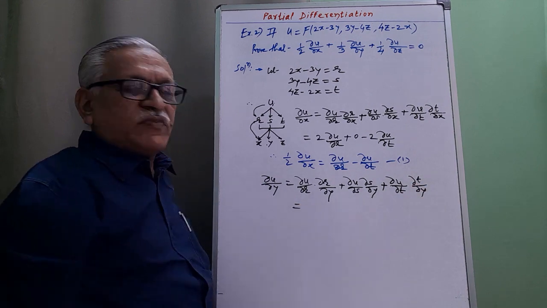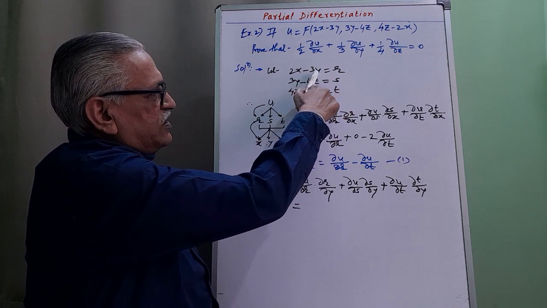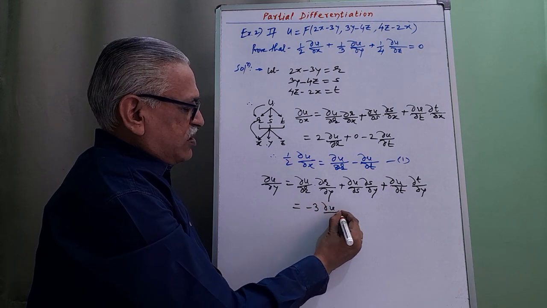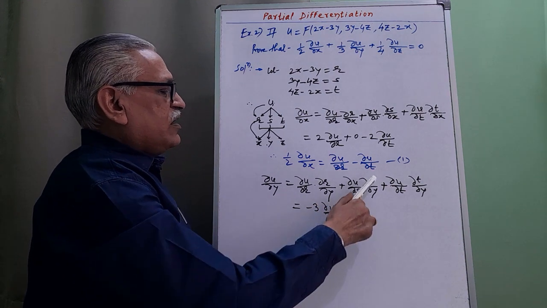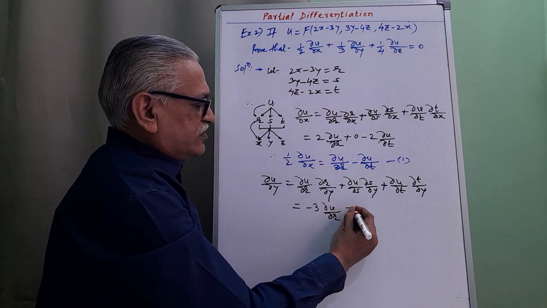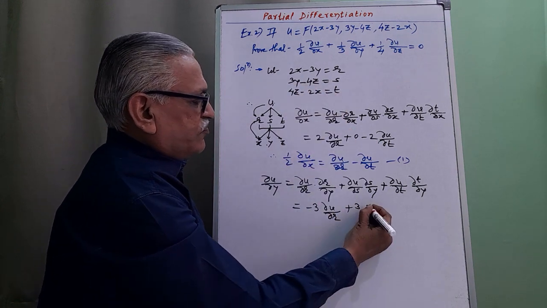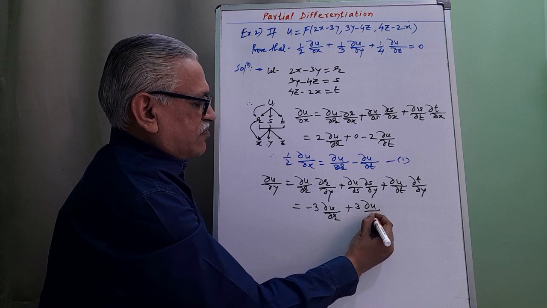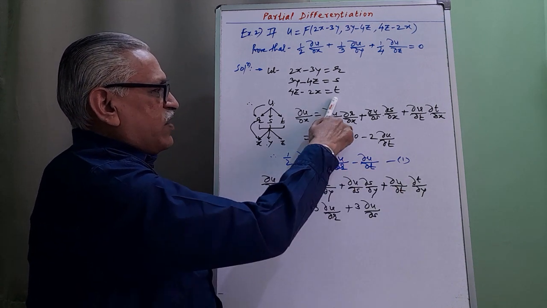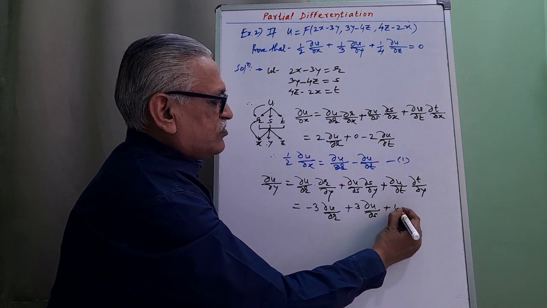It is equal to differentiation of r with respect to y, keeping x constant, the derivative is minus 3 into dou u by dou r. Differentiating s with respect to y, derivative is 3, the derivative of the other term is 0. Differentiating t with respect to y, no term of y is there, therefore its derivative is 0.